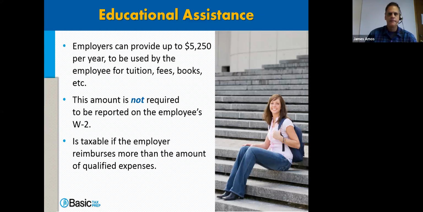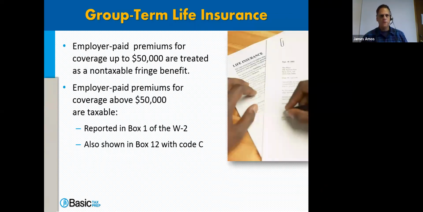Okay. All right. So let's talk about group term life insurance. Employer-paid premiums for coverage up to $50,000 are treated as a non-taxable fringe benefit. What does that mean? That means an employer paying for group term life coverage will actually be able to take a tax break on it, but it's not going to be taxable to the employee.